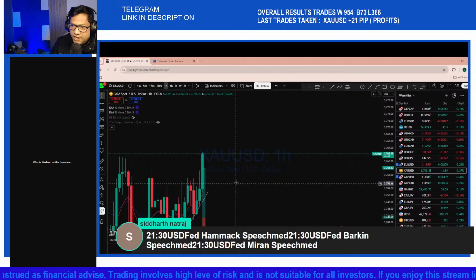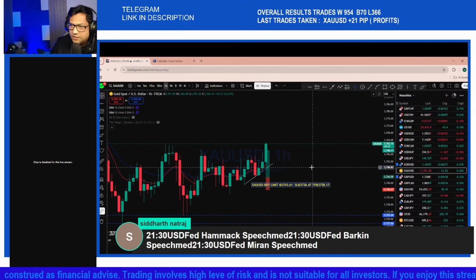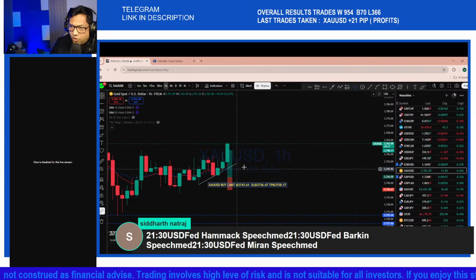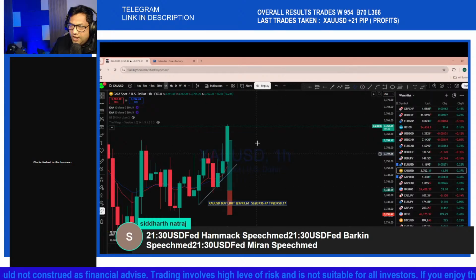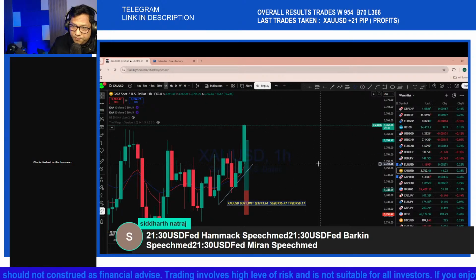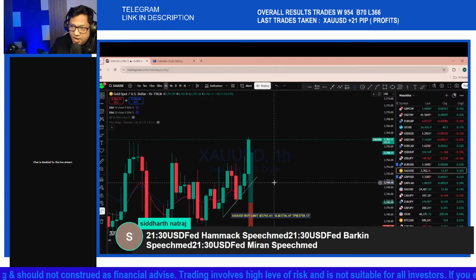Now in that area, if you look at it, you can see that from this level the market has completely broken above, and it's still maintaining that uptrend.